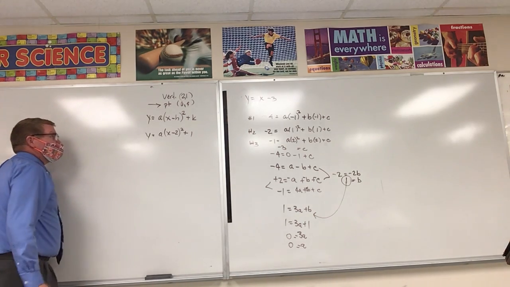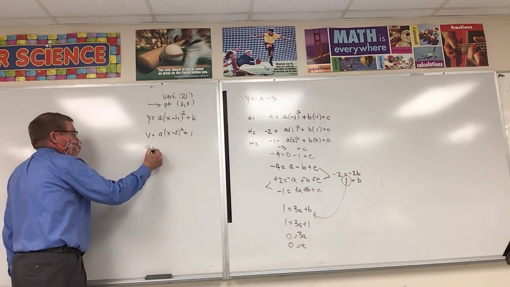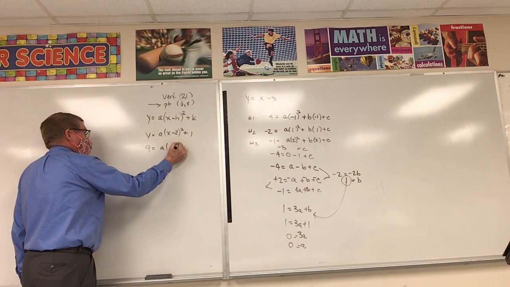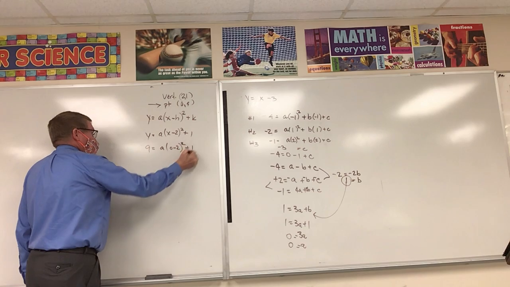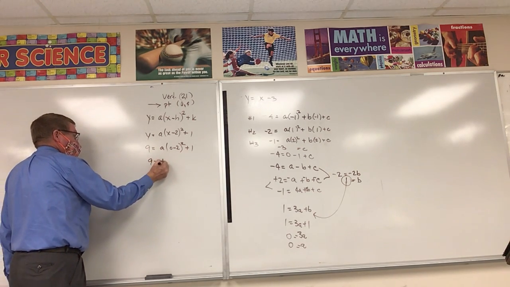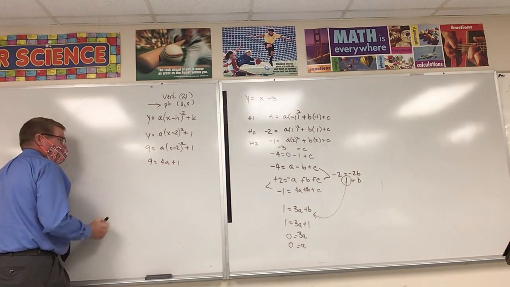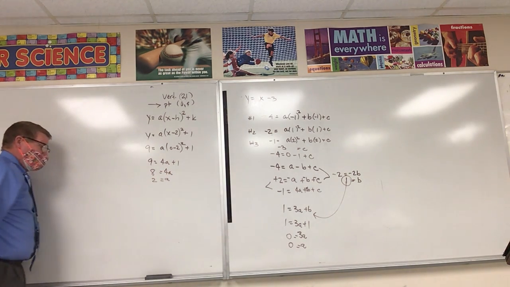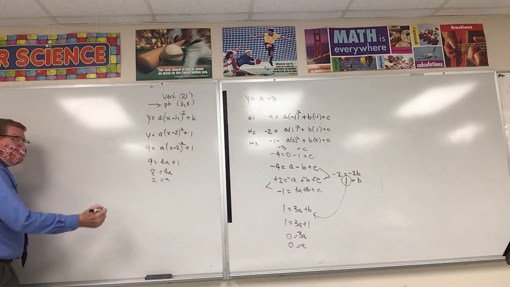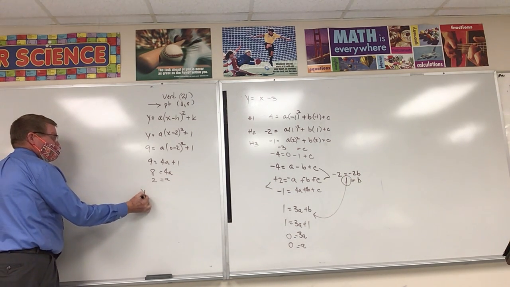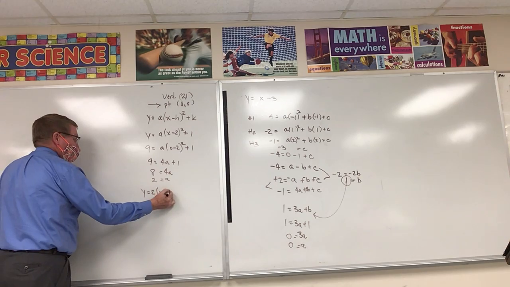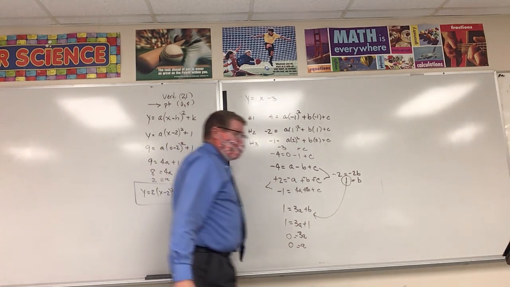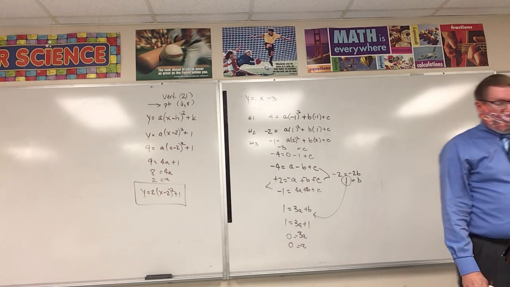Yeah, 9 equals a(0 minus 2) squared plus 1. Alright, very good. So what's my equation? Everybody agree?